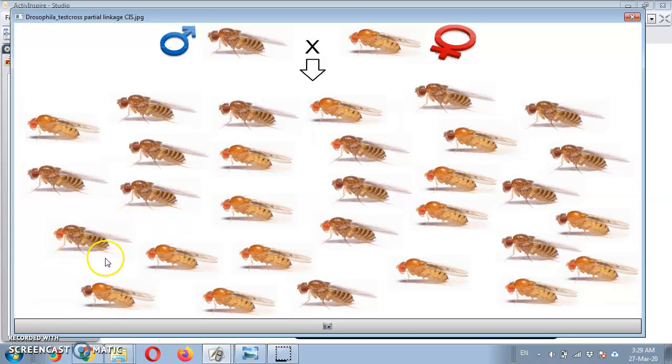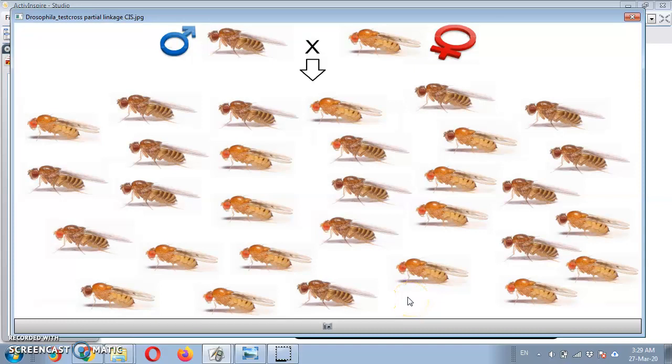Red Drosophila with 2 and the third one here. Okay, so the proportion will be 12, 12, 3, 3.